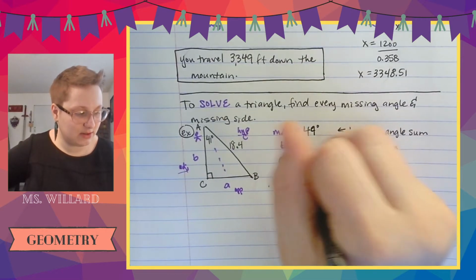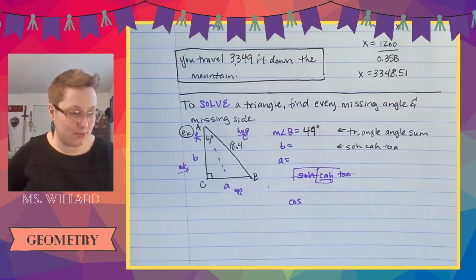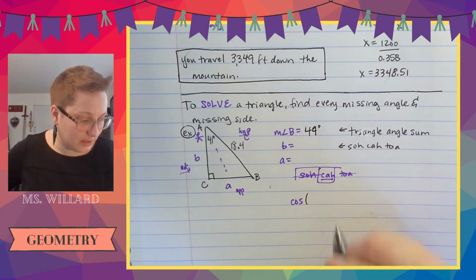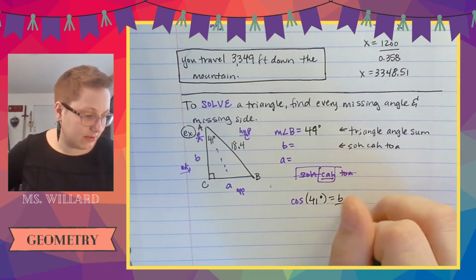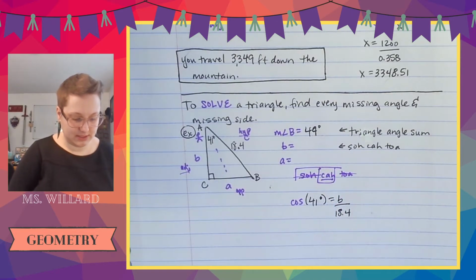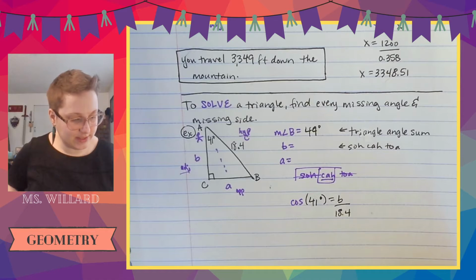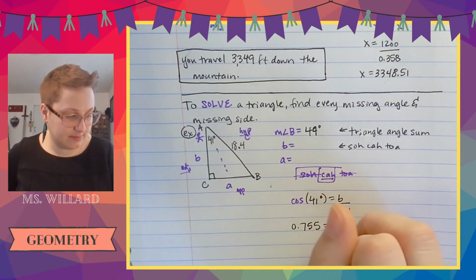So I'm using cosine. Cosine of 41 degrees equals B over 18.4. So I'm going to ask my calculator, what is cosine of 41 in degrees? And it's going to say that's 0.755, obviously.